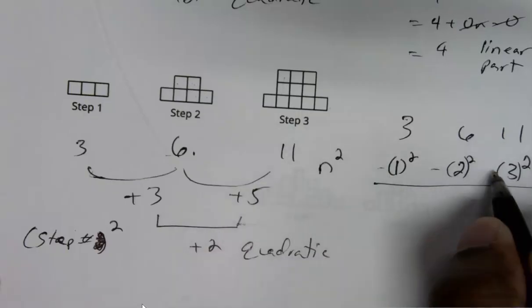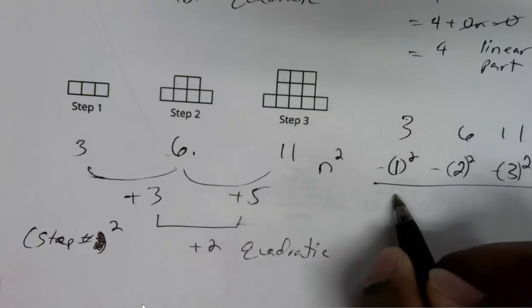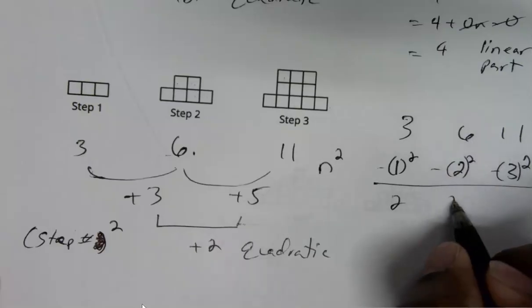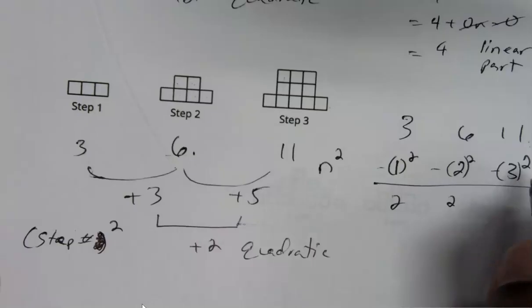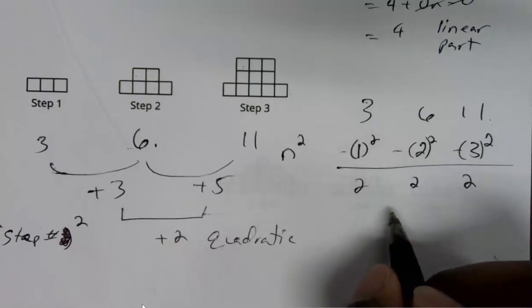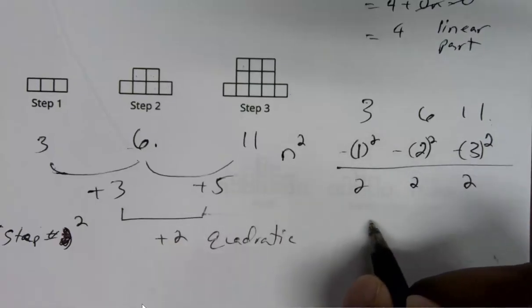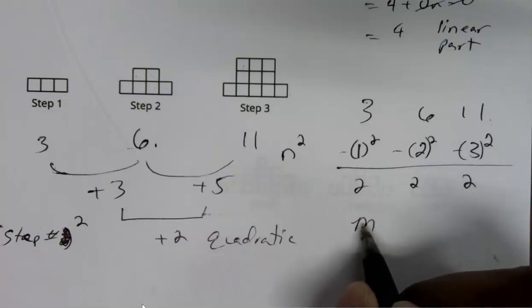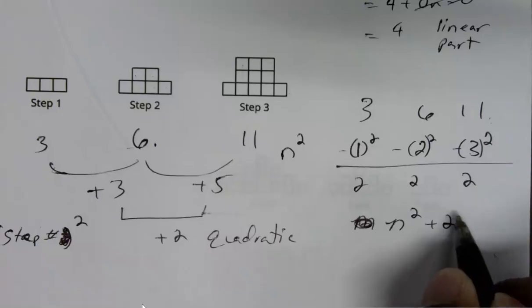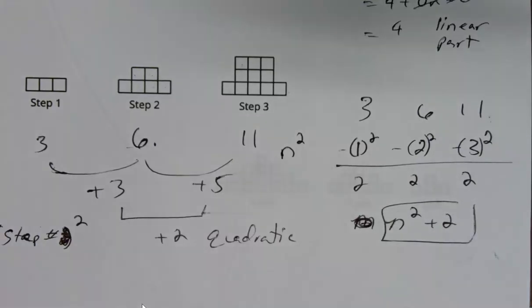I subtract them. 3 subtract 1 is going to be 2. 6 subtract 2 squared is 4, so 6 subtract 4 is going to be 2. 11 subtract 3 squared is 9, so 11 subtract 9 is 2. Each time I'm adding 2. So apparently, since it's all the same, it's going to be step number squared plus 2.